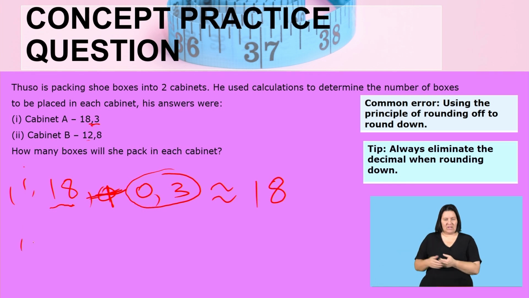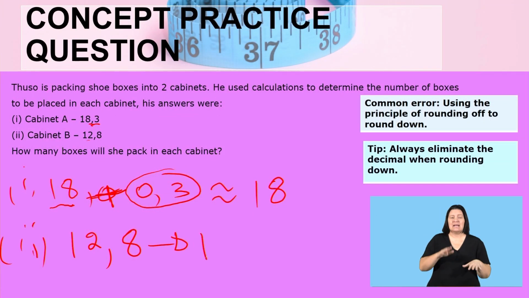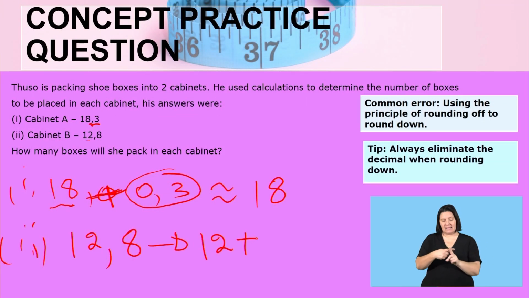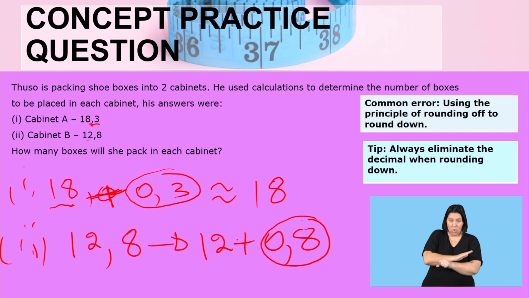For the second one, again, we have 12,8. Because 12,8 is similar to 12 plus 0,8, we eliminate 0,8 because it only tells you that the 13th one will not fit.